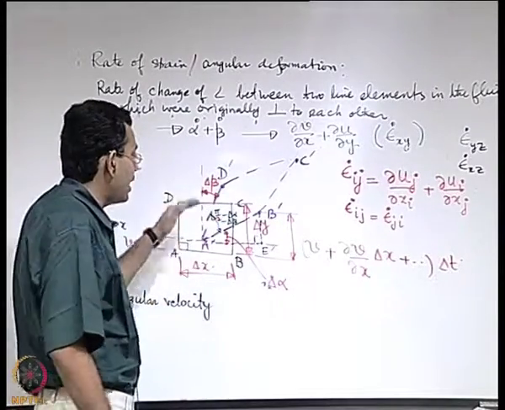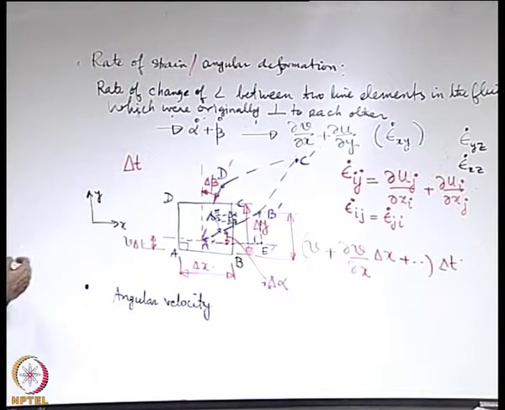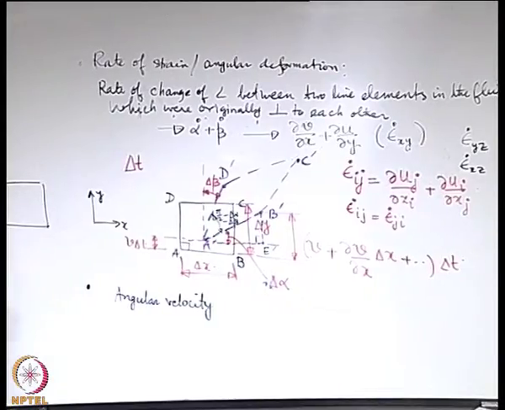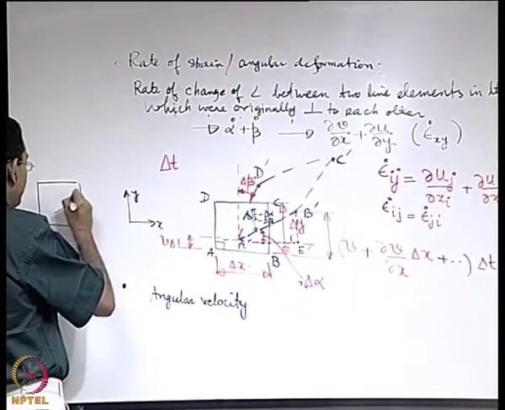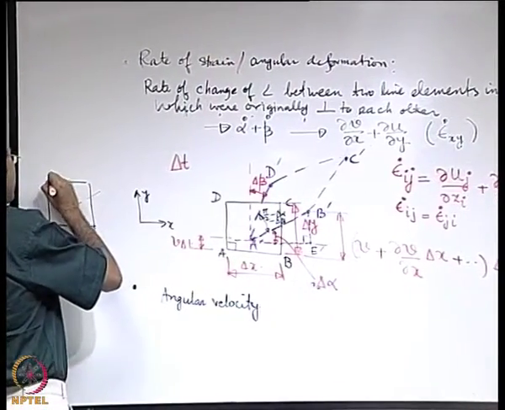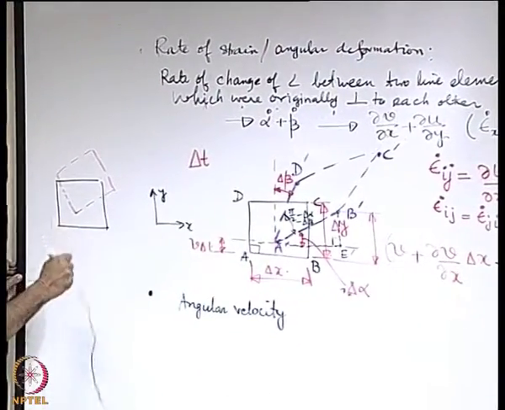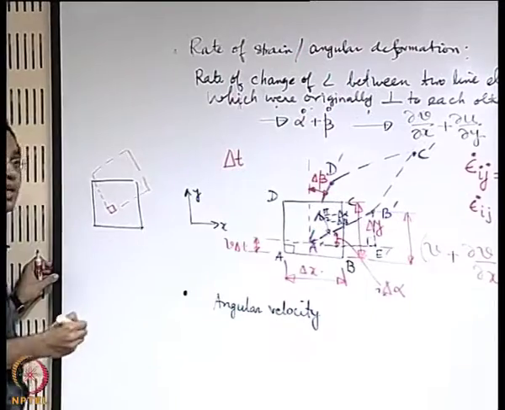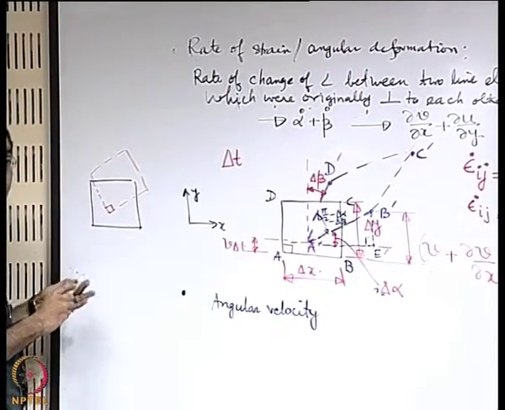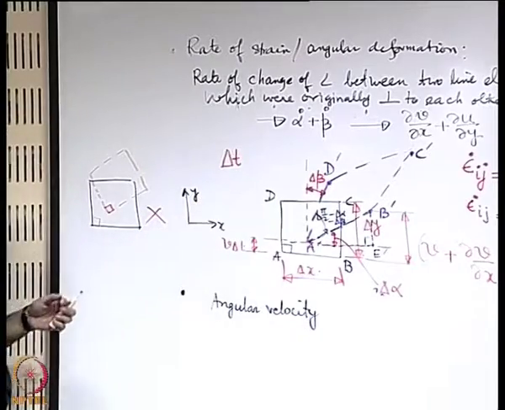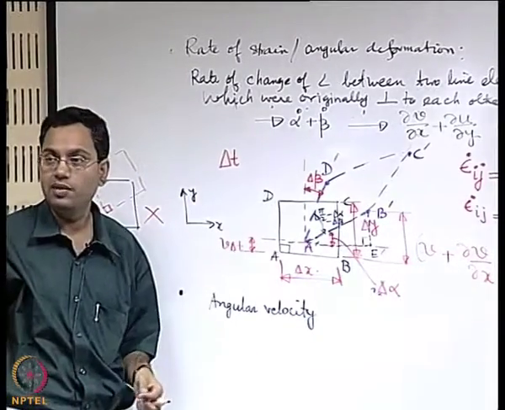If it was rotating like a rigid body, then what would have been the case? If you have the original fluid element, now you have the fluid element maybe like this, so that this angle is preserved, that is a rigid body rotation, but that is not happening here, at least in the example that we have drawn in the figure.